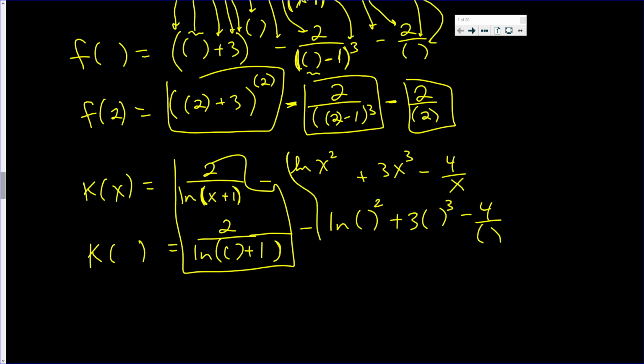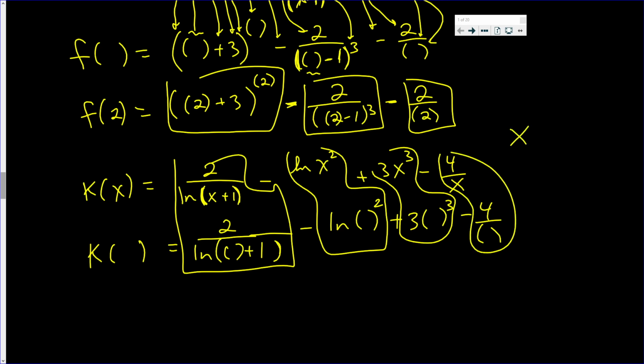Okay, these should look identical. These should look exactly the same with one exception. Wherever you see x on the top, you should see brackets on the bottom. That's exactly what I see.